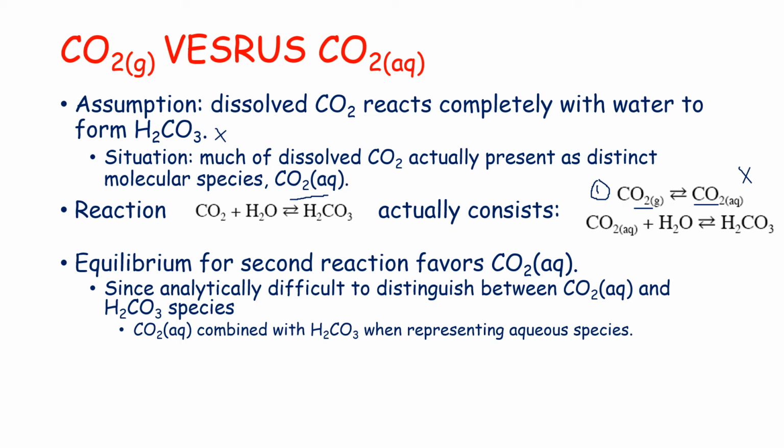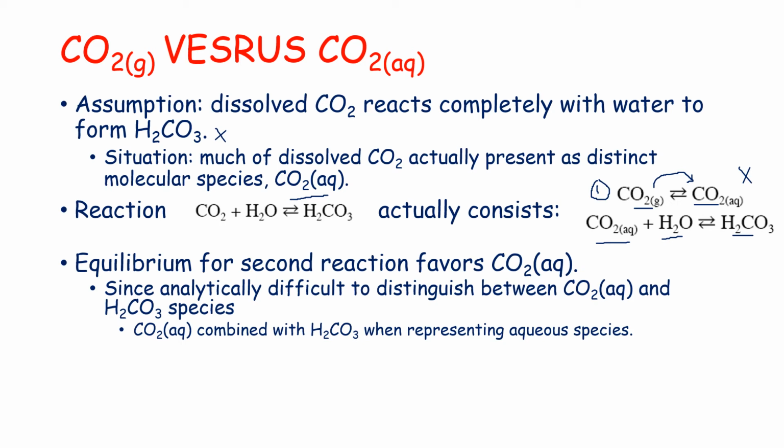Some may convert, some may not convert. So depending on the resident conditions, you will know exactly how much of the carbon dioxide has actually converted to the aqueous form. Having thus converted to aqueous form, this carbon dioxide can now react with water to form carbonic acid.